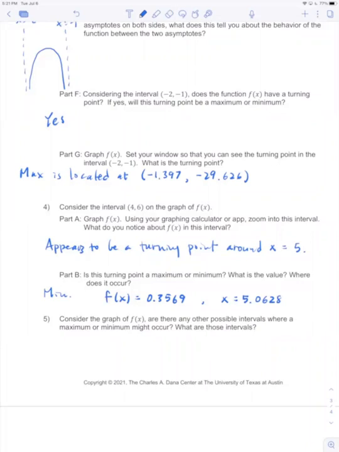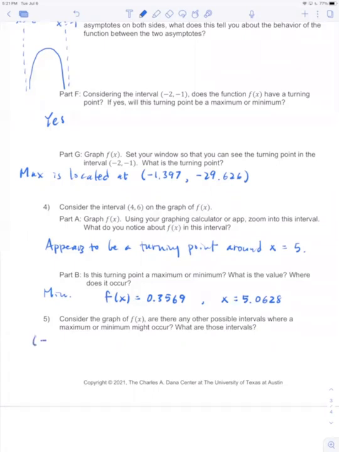Part 5, consider the graph of f. Are there any other possible intervals where a max or a min might occur? And what are those intervals? Oh, sure. There are a few more intervals in the graph, and there could be maxes or mins. So we haven't checked the intervals, it wants us to list the intervals.